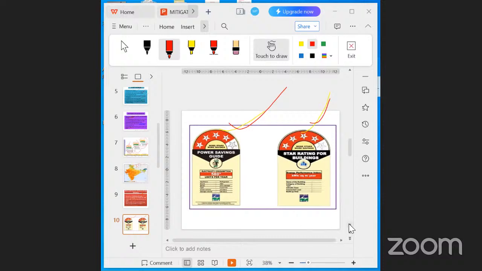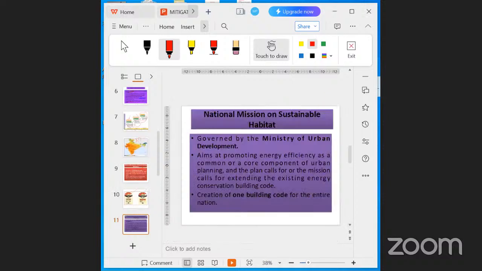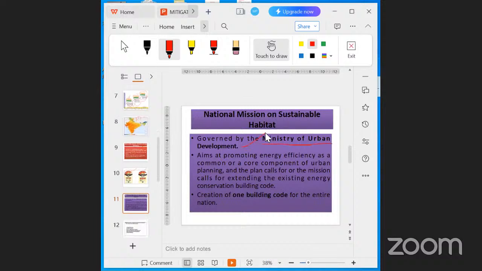So, and the next mission is the National Mission on Sustainable Habitat. So NMSH, it's called NMSH. So the mission is run by which ministry? Ministry of Urban Development. Okay.